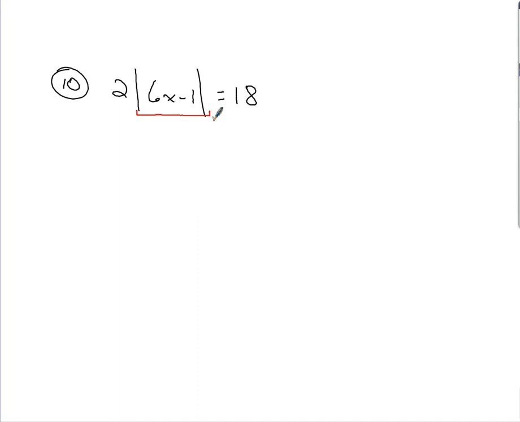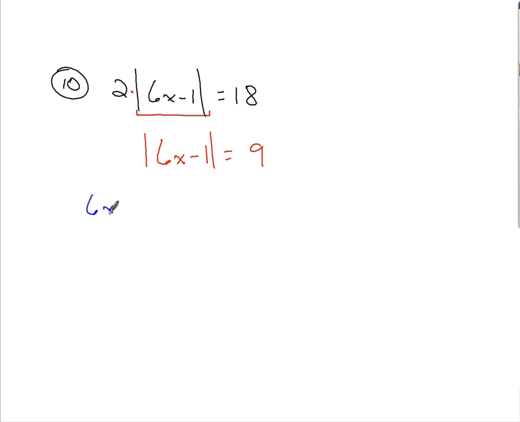So anything else that's attached to this absolute value, whether it's added on, subtracted, in this case multiplied, move that. So since this 2 is multiplied, I'm going to divide the 2 over. Absolute value of 6x minus 1 equals 18 divided by 2. Hey, looky what we got there. Same kind of situation as before, right? So we know what to do at this point.